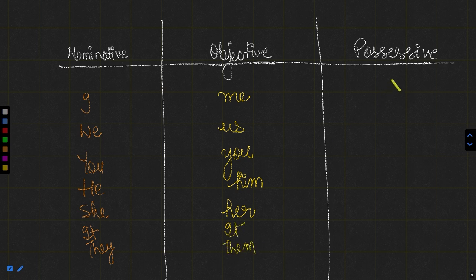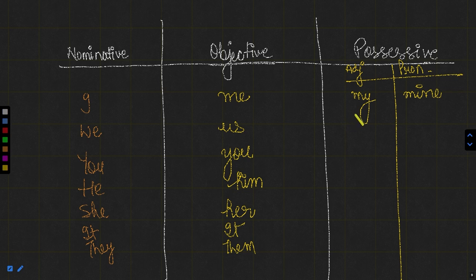Moreover, possessive cases can be further divided into adjective and pronoun. If we talk about adjective, it is my, whereas for pronoun, it is mine. For we, it is our as adjective and ours as pronoun. For you, we have your as adjective, whereas yours as pronoun.